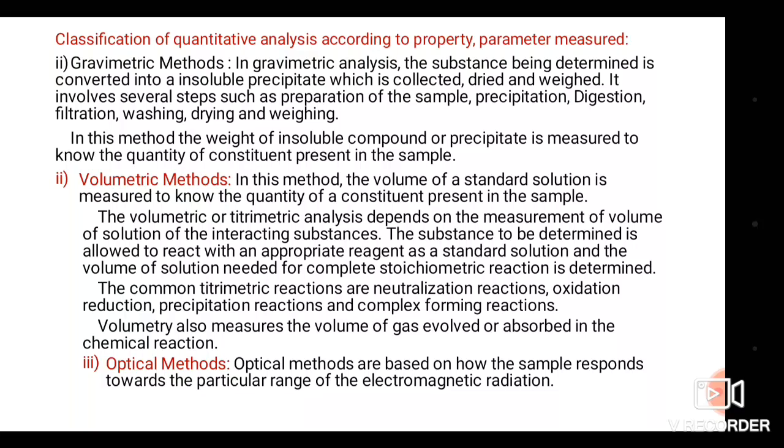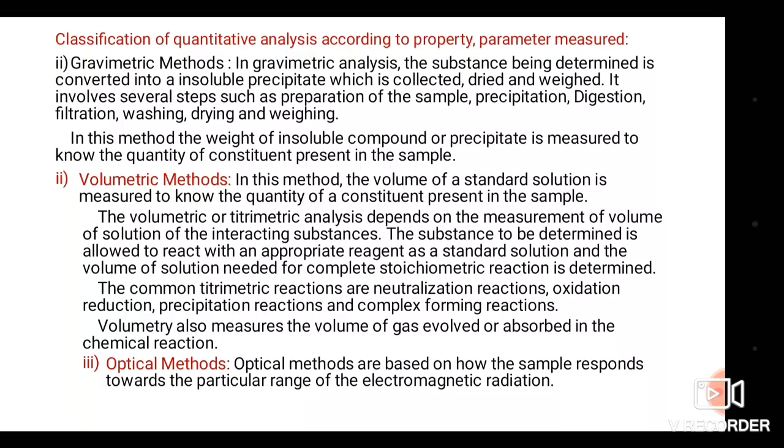There are neutralization reactions, oxidation reactions, reduction, precipitation reactions, and complex forming reactions. Simply, in a titration we measure the volume required for the neutralization of an acid or base. For the titration we use a standard solution, meaning one whose concentration is known.